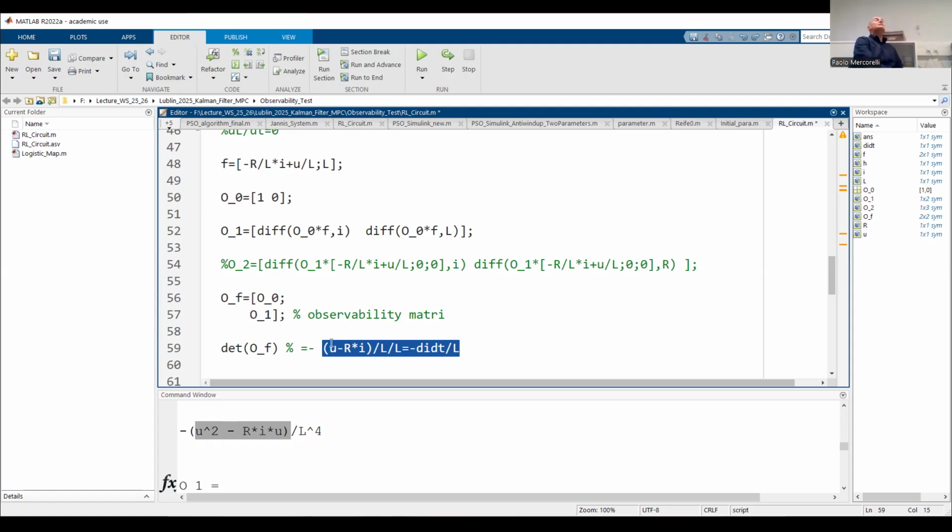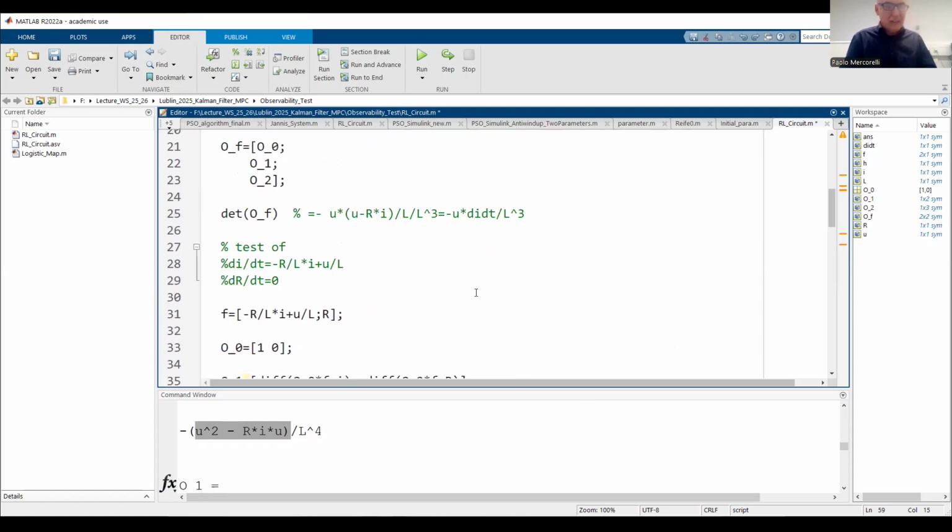Of course, we can demonstrate that with U equals 0, the observability reduces, but theoretically, we can see here that we don't need U different from 0. The reason is, I show you, let me say, a criterion which is a little bit heuristic.